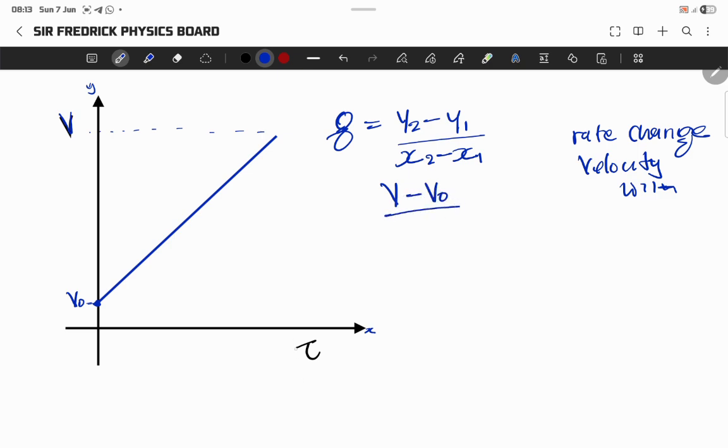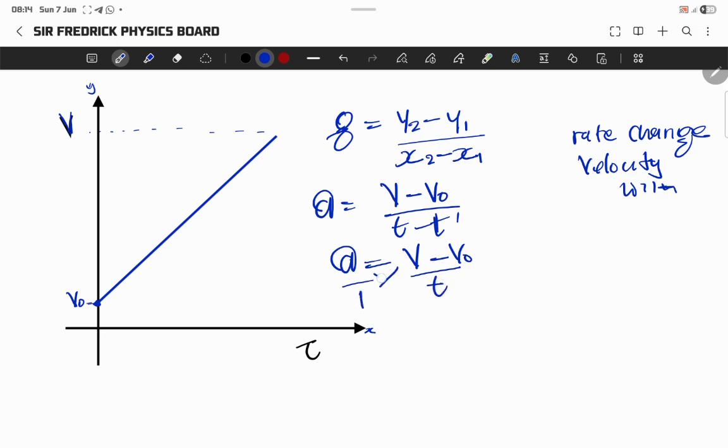Then for the x values we have our time here, so we are going to put time t there, then minus time t0. So we know that acceleration shall be v minus v0, then when you subtract the time, you just have time t.